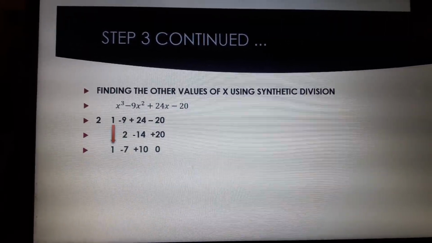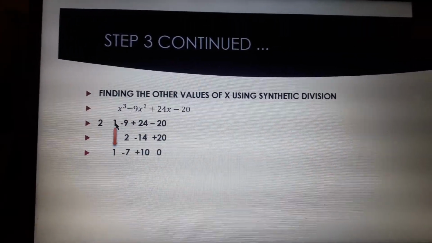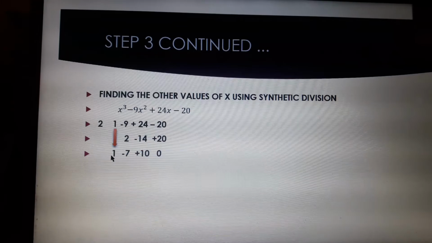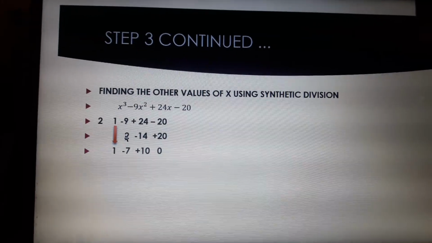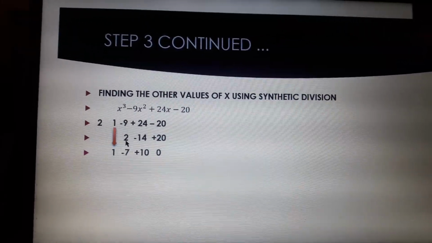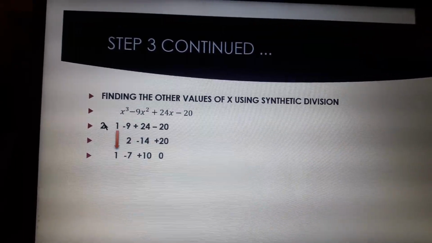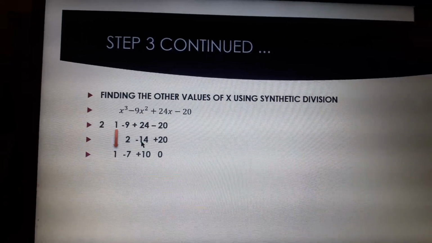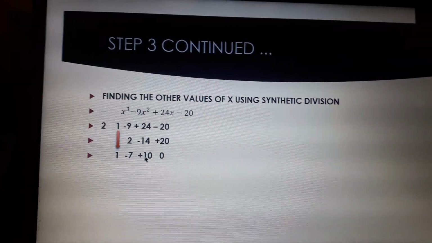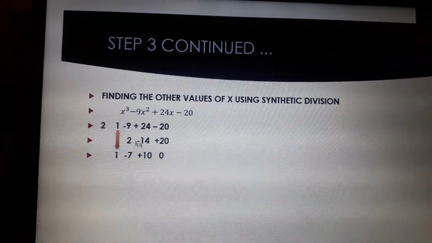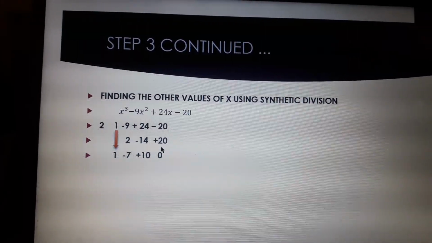The first step is to drop the 1 as is, then 1 times 2 is 2, then negative 9 plus 2 is negative 7, then negative 7 times 2 is negative 14, then 24 minus 14 is 10, then 10 times 2 is 20, and 20 minus 20 is 0.